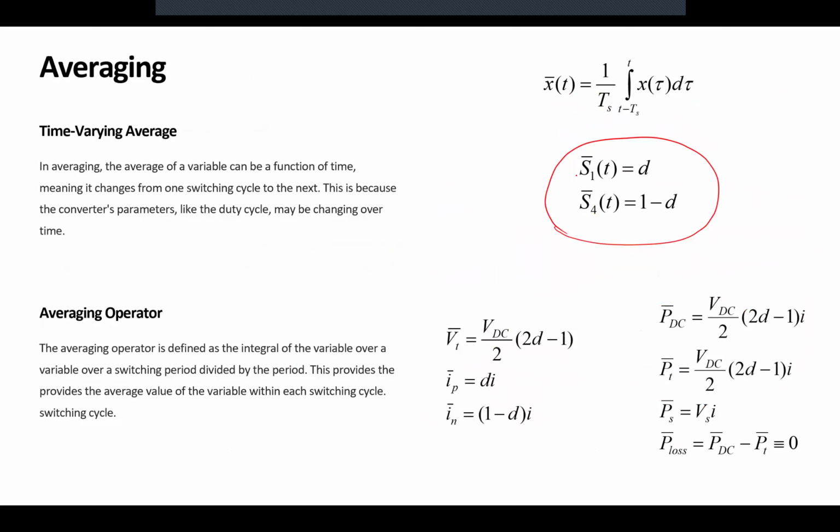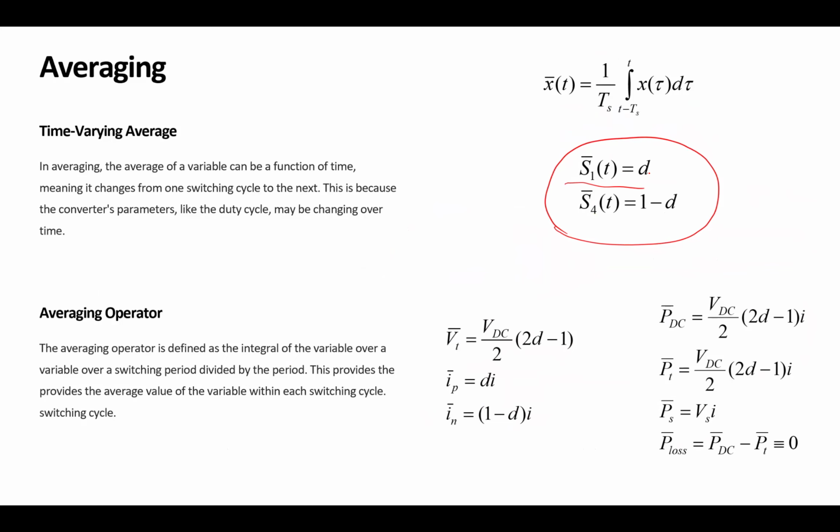Now, we defined the duty. If you remember, we defined a parameter named duty cycle, the portion of time in one cycle that the top switch is on. We call it D, the duty cycle for the half bridge. Do you remember that definition?